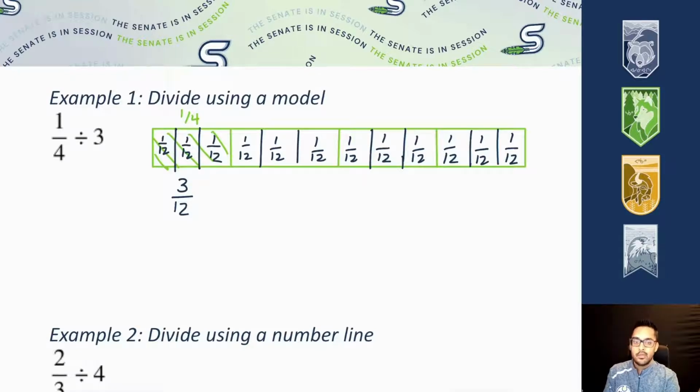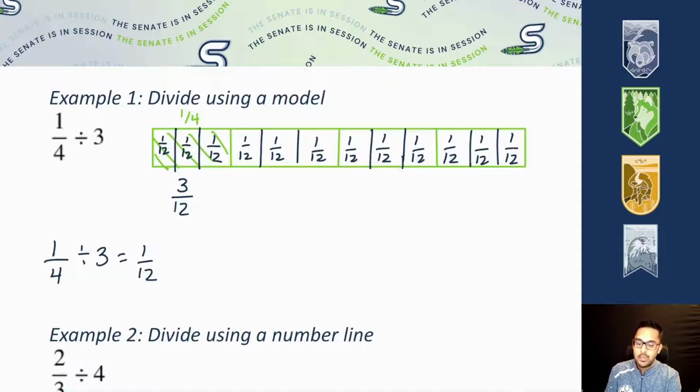So each of the 3 equal parts is 1/12. That means if I take that 1/4 and divide by 3, I'm going to have pieces that are 1/12 in size. The answer when you divide is how big a group actually is. I have 3 equal groups of 1/12. That represents my 1/4. So the picture's a little tricky.